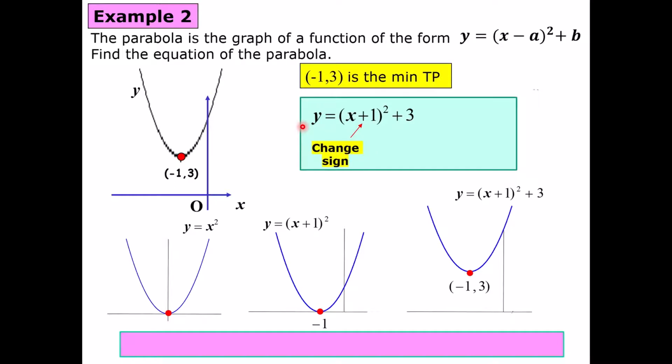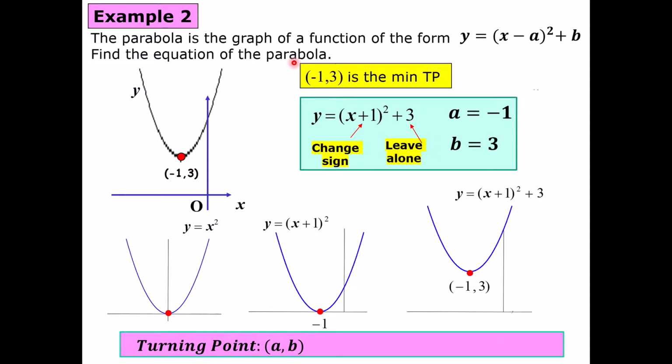So we have to change the sign of the +1 just to get -1, that is your a, and then the last term you leave alone to find b. So we're picking out our a and our b here. So a is -1, b is 3, and because we know turning point is a, b, that's our turning point here.